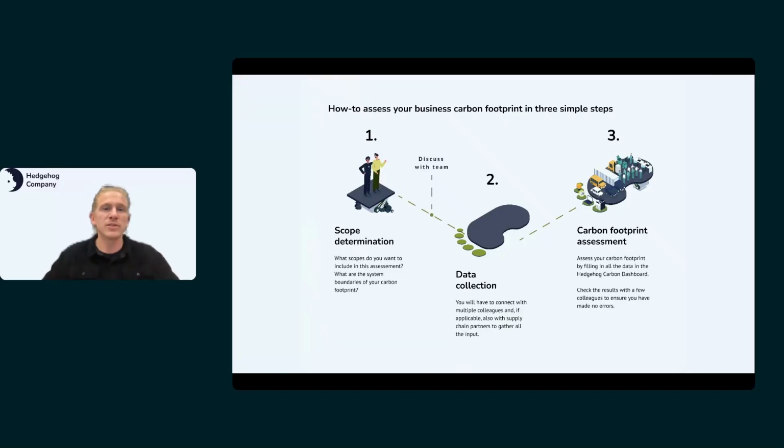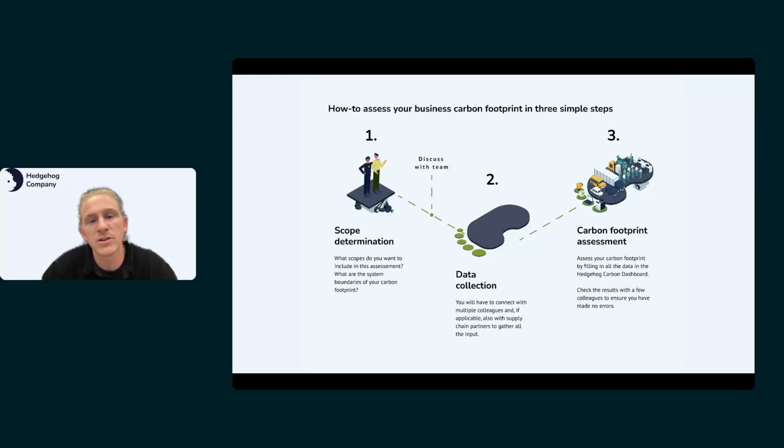So after you have demarcated your scope and determined what the system boundaries are of your initial carbon footprint, you are not yet going to step two, but first you are going to set up a session with your team. Find a few colleagues, whether or not they are interested in this topic doesn't really matter.